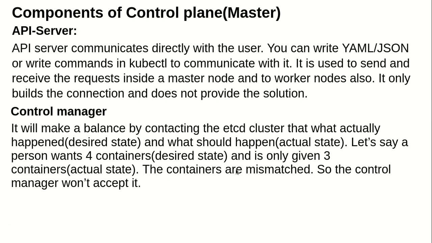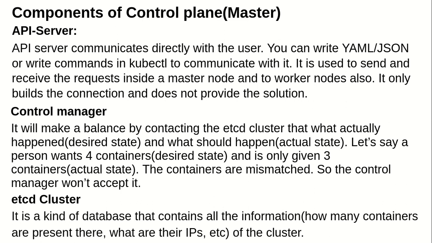These are mismatched because 4 containers are required and 3 are given, so the controller manager won't accept it. This works like an if statement: whether the actual state is equal to the desired state or not. If it is not equal, it will not accept it. If it is equal, it will accept it and give further execution to the kube scheduler.